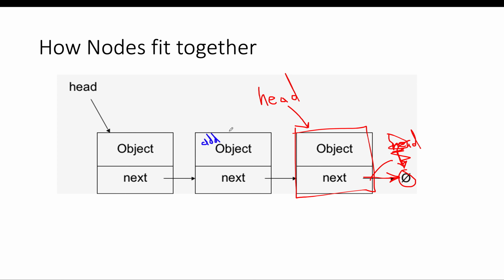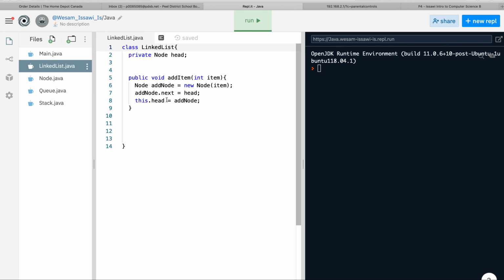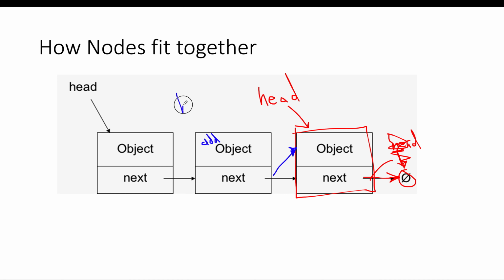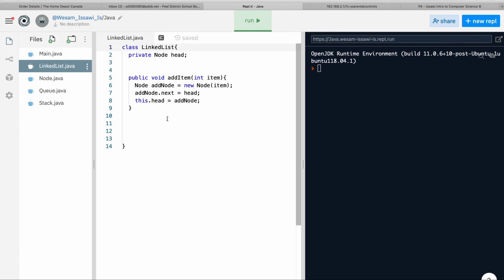So add node, this is the add node, dot next points to now head. Points to this. And then head, this dot head is equal to the new add node. This is now the new head, and it points to add node. Right? And every time you add it, that's what happens. Okay? So that's how we add an item to our node.